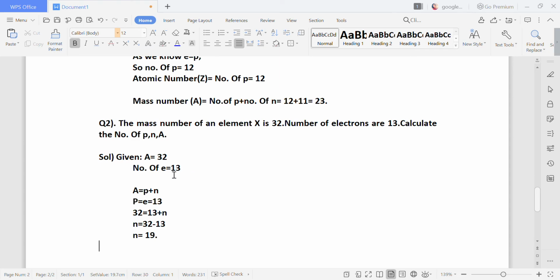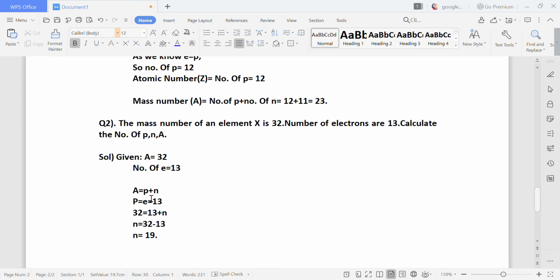So we know the formula A is equal to P plus N. That means mass number is equal to number of protons plus number of neutrons. And we know that protons are equal to electrons. So both protons and electrons will be 13. So we will just put down the values in this formula. Now the mass number is given as 32.